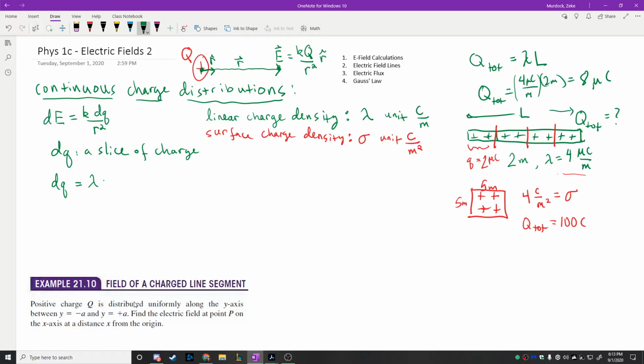Suppose I have this object, a rod, and it has charges. If I split it up into pieces, like up here we split it into 4 pieces with 2 microcoulombs each, what about instead splitting it into 1,000,000 pieces, or an infinite number of pieces?